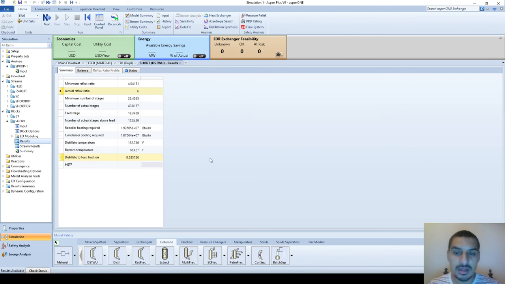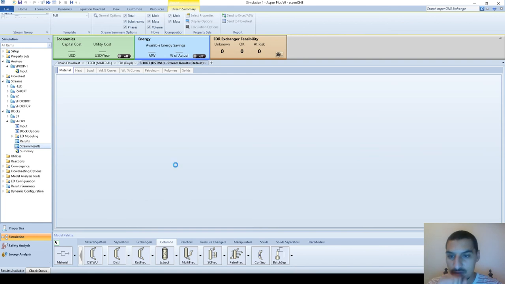And again, as I mentioned, I'm not sure if I mentioned this in the previous video, in distillation I have to go for the shortcut method first before going to the rigorous method. This information cannot be predicted easily, and it's going to be like shooting in the dark if you go for the rigorous mode directly. You have to have some information from the shortcut mode before going to the rigorous mode.